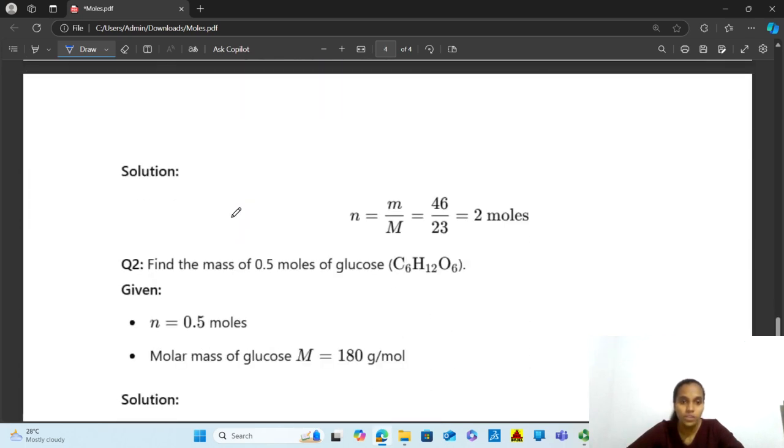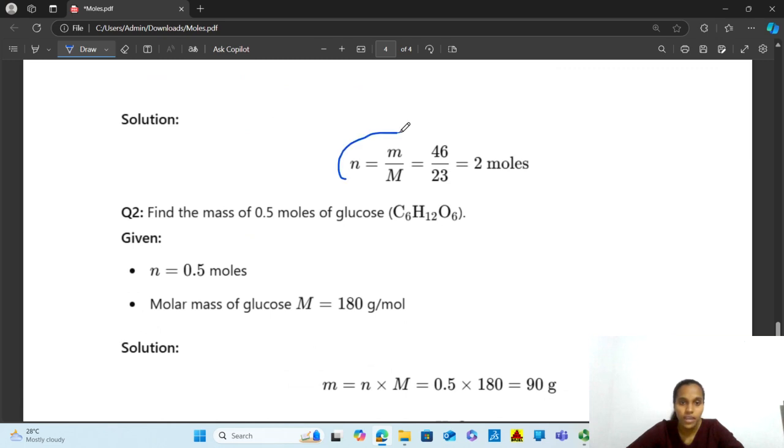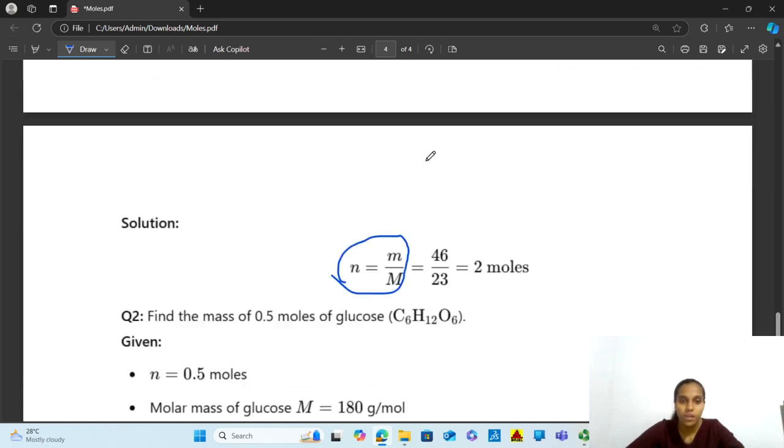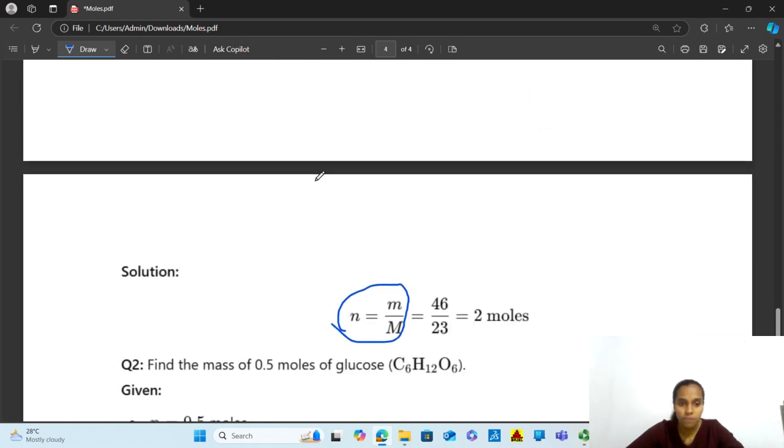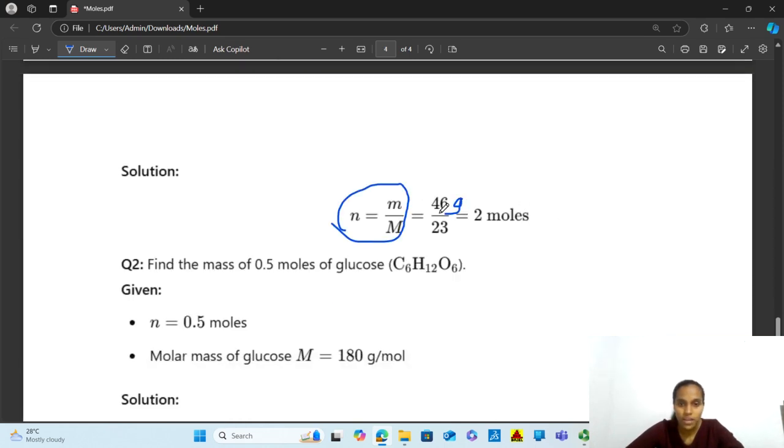Now we know the equation, n equals m over M. The mass is 46 grams. The molar mass is 23 grams per mole. They have given it, right? So we can get the number of moles by dividing mass by molar mass. Grams cancel grams, and per mole goes up and it becomes moles. Finally, the answer is 2 moles, which is 46 divided by 23.